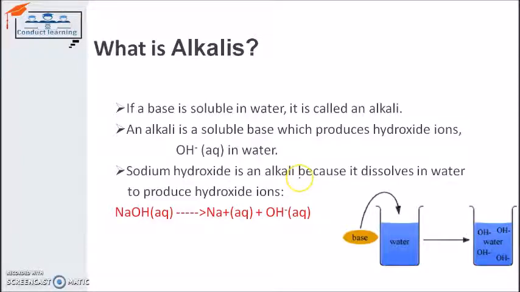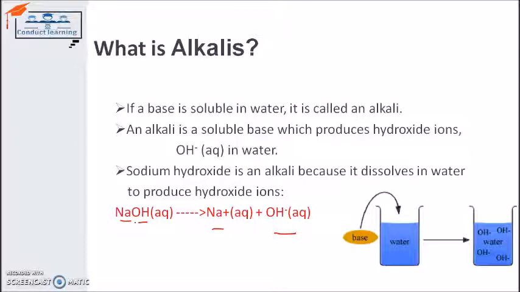You can see in this equation, sodium hydroxide, which is nothing but a base, when put in water, produces sodium and OH negative ions. So this is an alkali because sodium hydroxide when put in water gives OH negative ions. That means it is soluble in water because the ions are getting separated.